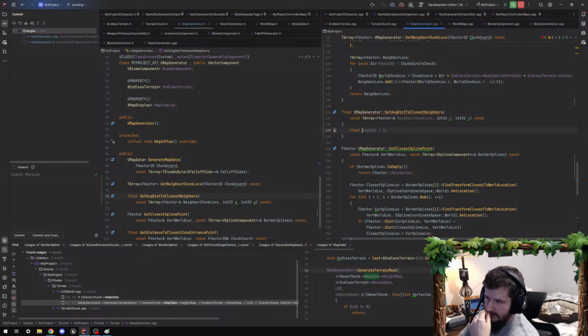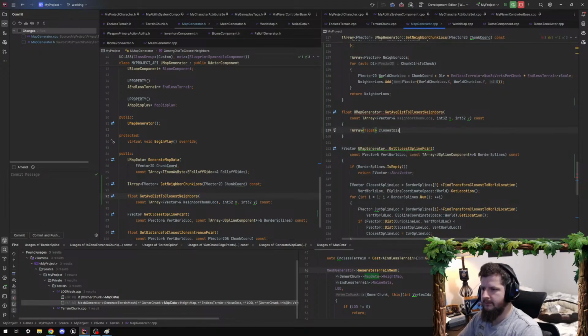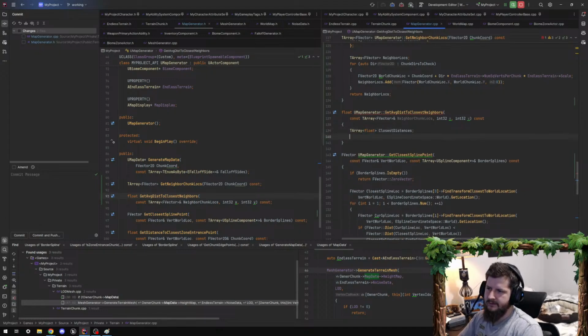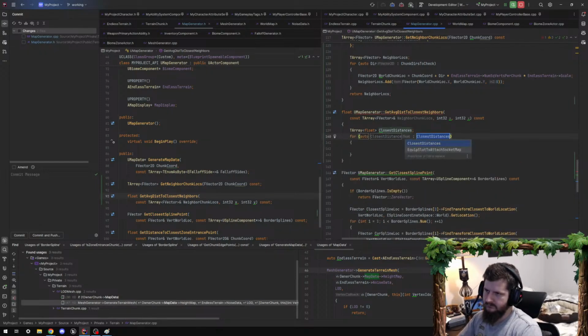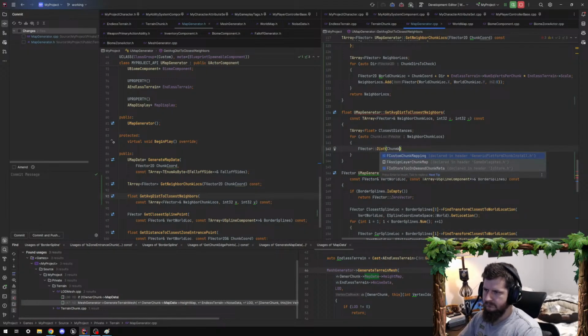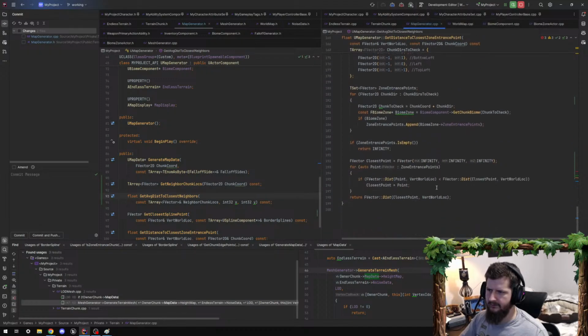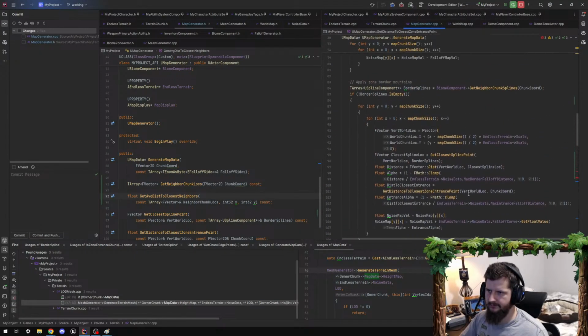Yeah, I think I'm still gonna... So I want like a T array of floats, closest distances. And I should have somewhere converting this XY into a world point as well.